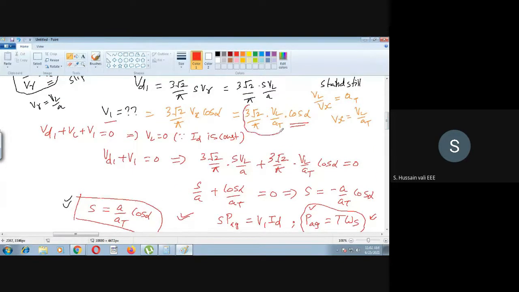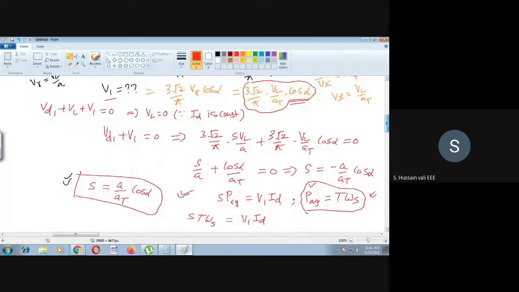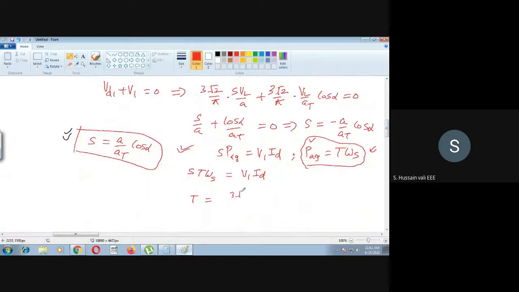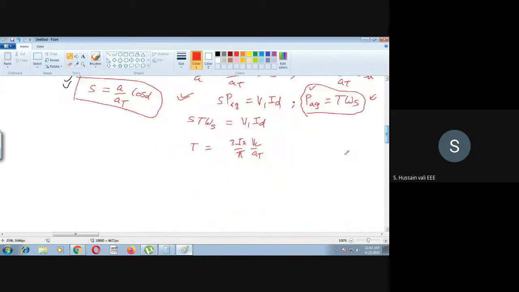V1 is 3 root 2 by pi VL by AT into cos alpha.